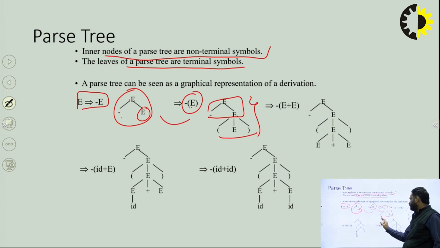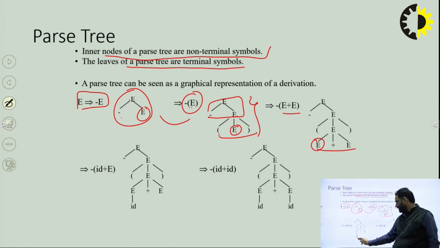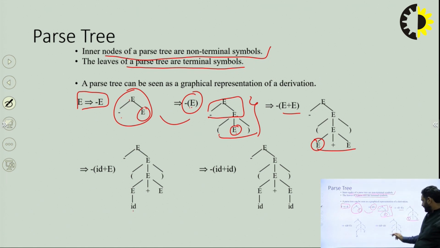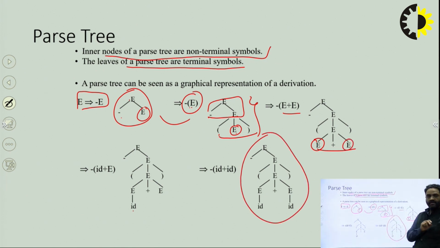E expands to starting brace, then E, then closing brace. And again, this E further expands this way, E plus E. And finally, this is converted to E by I replacement, and finally this I goes to this one. So this complete hierarchical structure is known as a parse tree.